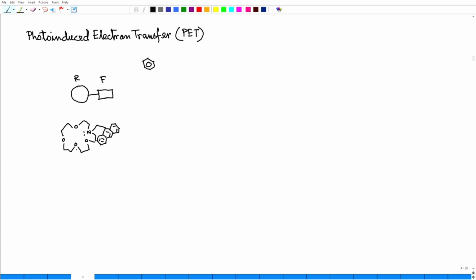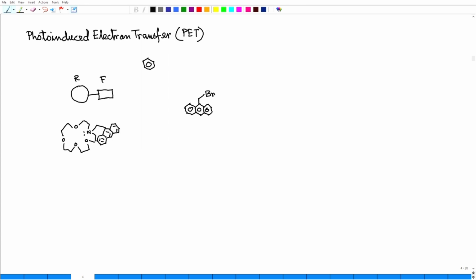For example, we take the bromomethyl derivative of anthracene, 9-bromomethyl anthracene, and here is NH.